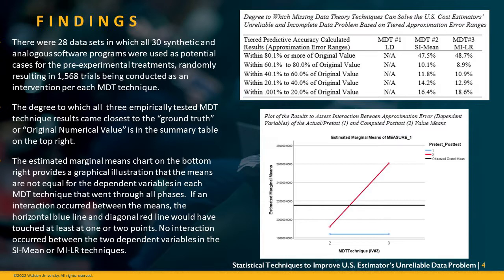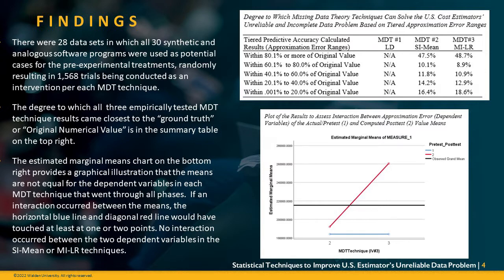The other thing I wanted to test for as a part of my research question is the interaction between the dependent variable and the independent variables. Is there a relationship happening? How you test for that is you look at your estimated marginal means chart.